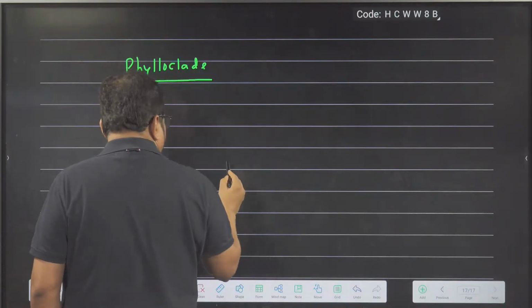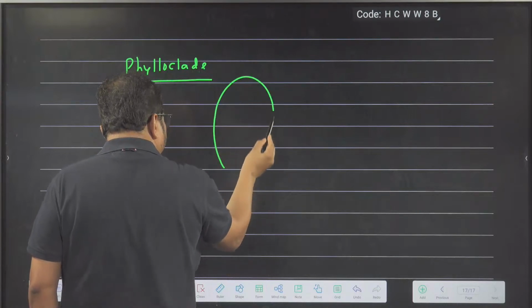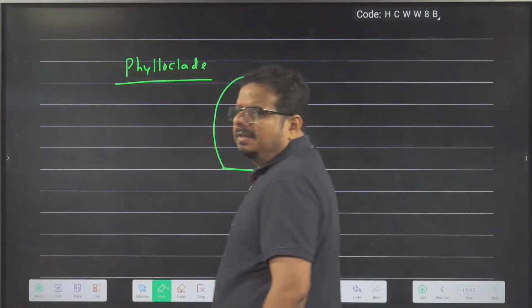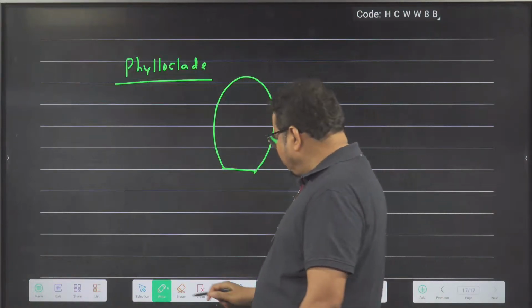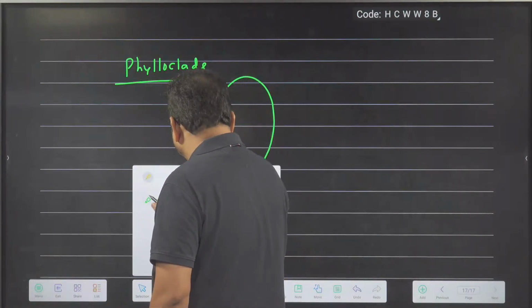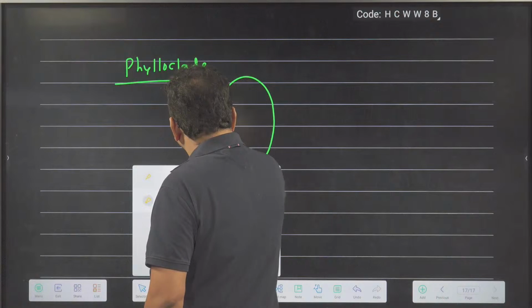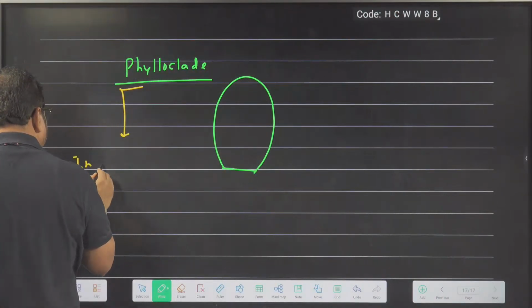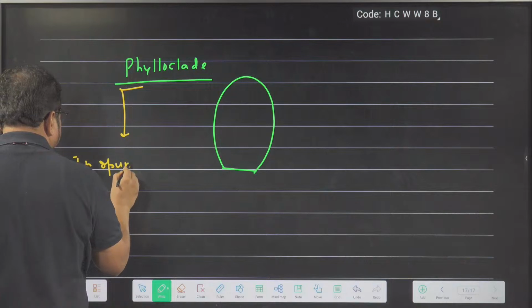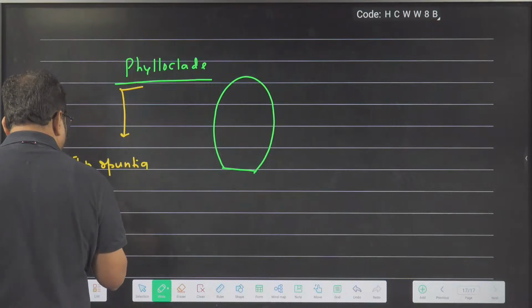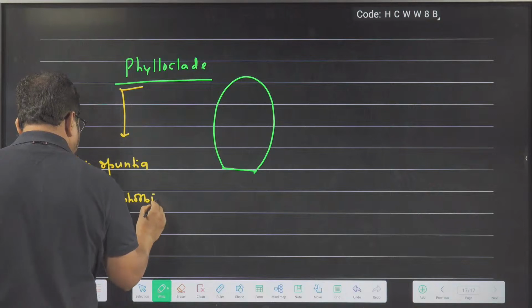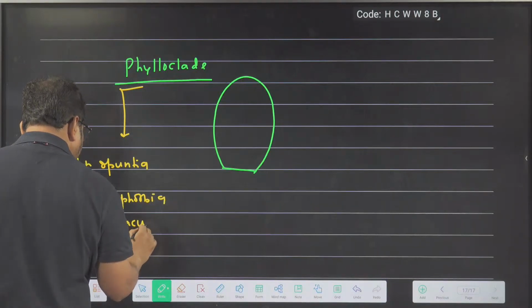So in Opuntia, Euphorbia, cactus, what story are we finding?